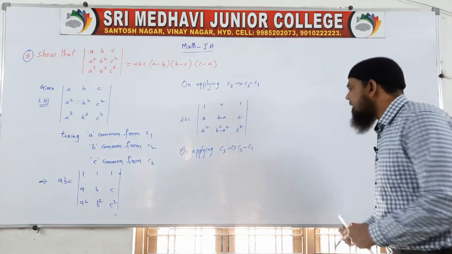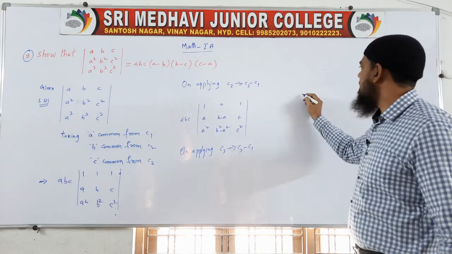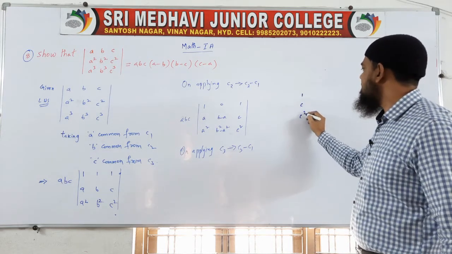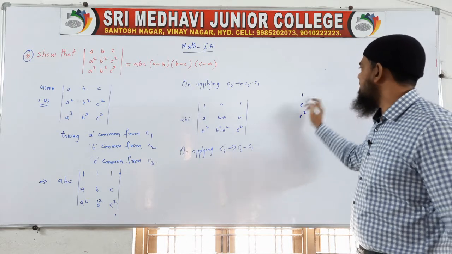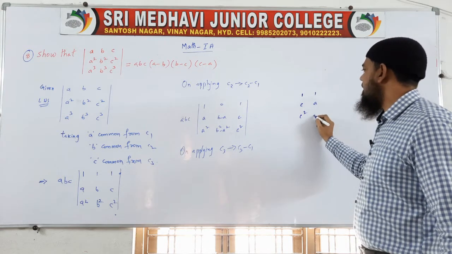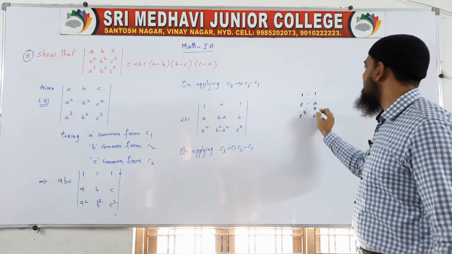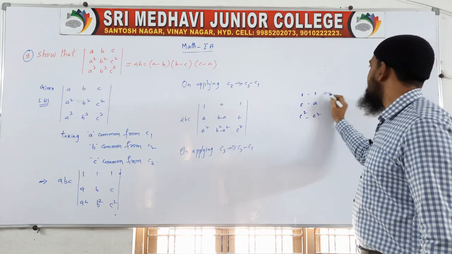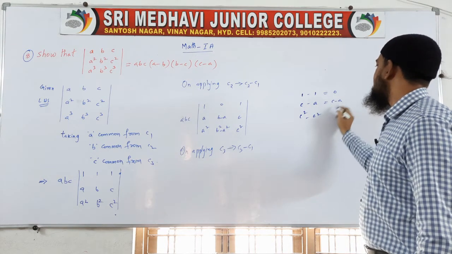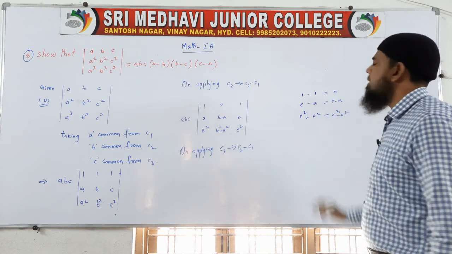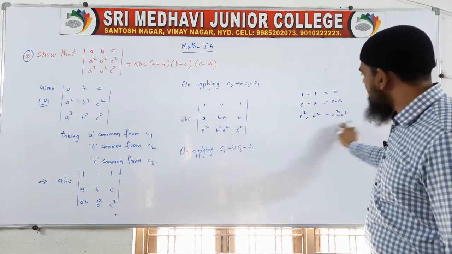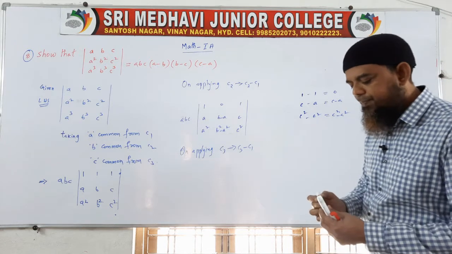So what is the rough work here? First I have to write C3: 1, c, c square. Then I have to write C1: 1, a, a square. In between that, minus. So that is equal to 1 minus 1, 0. This is c minus a. This is c square minus a square. These resultant numbers, where do I have to write?